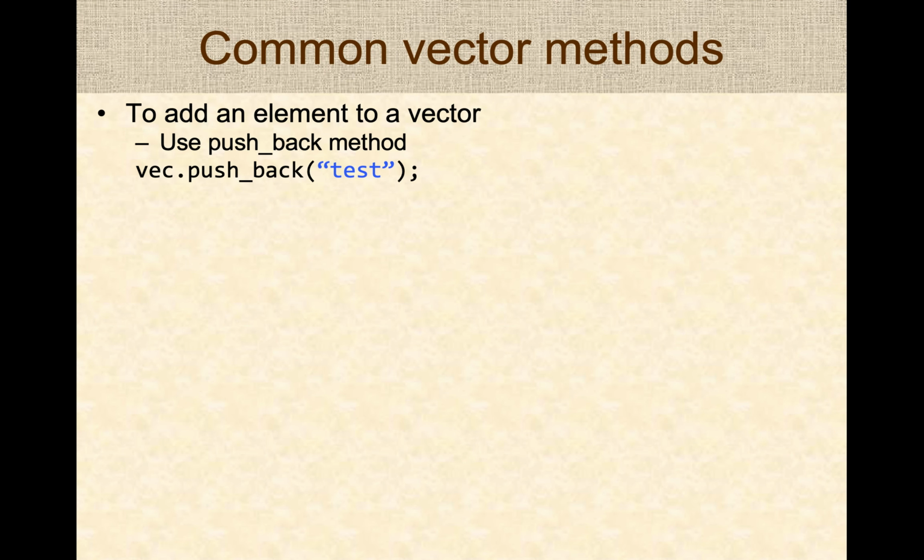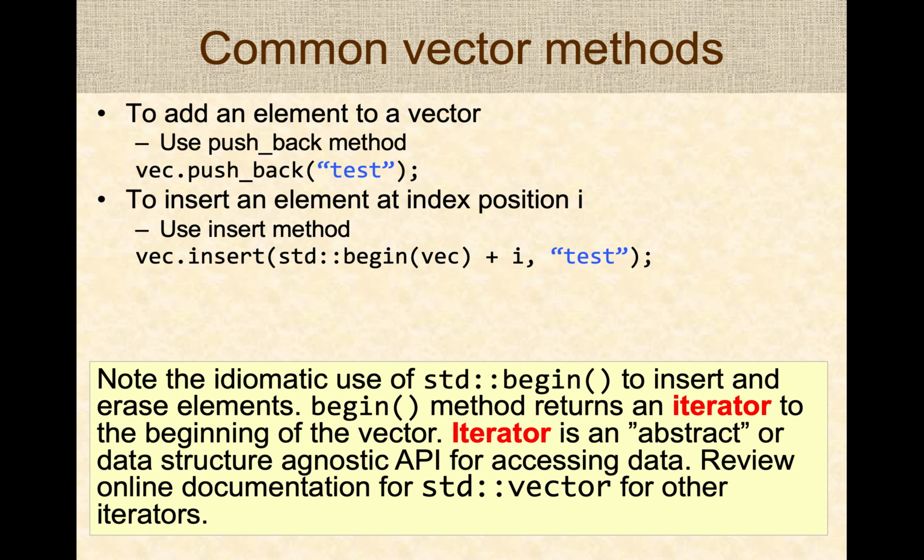Vector has a few common methods that you have to know. There is a push_back method that is used to add elements, and this push_back method adds elements to the end of the vector. If you want to insert elements at some index position i, then you use the insert method, and notice the idiomatic use of how the insert method works. Here, the insert method uses what is known as an iterator to identify the position where a value has to be inserted.